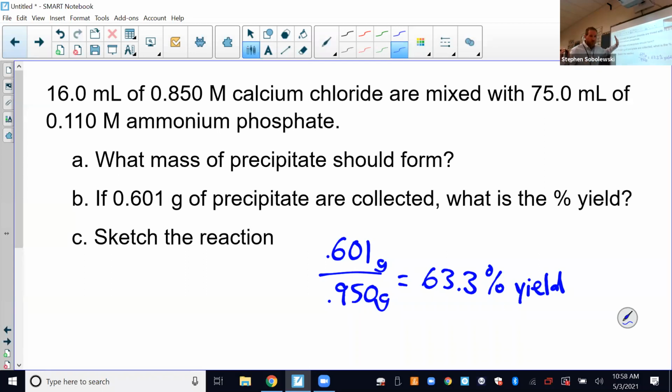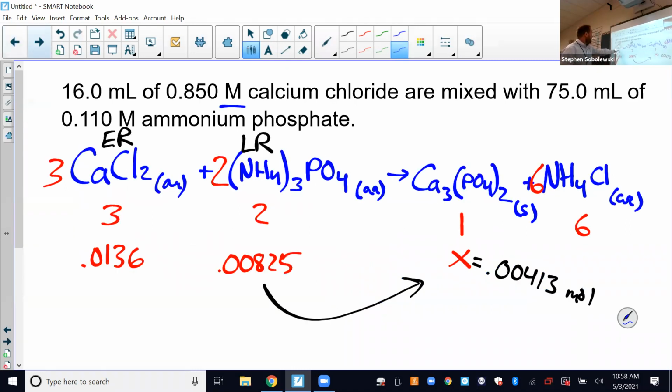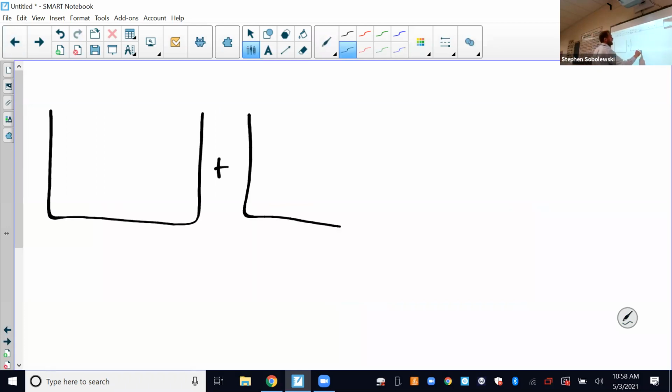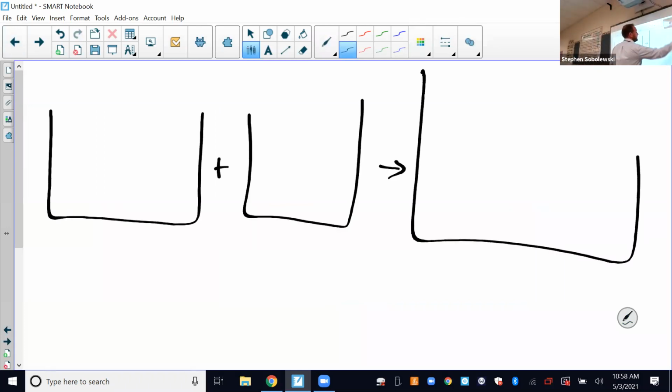Nothing different than what we did before with limiting reactants. So calcium chloride, ammonium phosphate. Beaker number 1 plus beaker number 2 yields beaker number 3. In the first beaker, I have my calcium ion and my chloride ion.